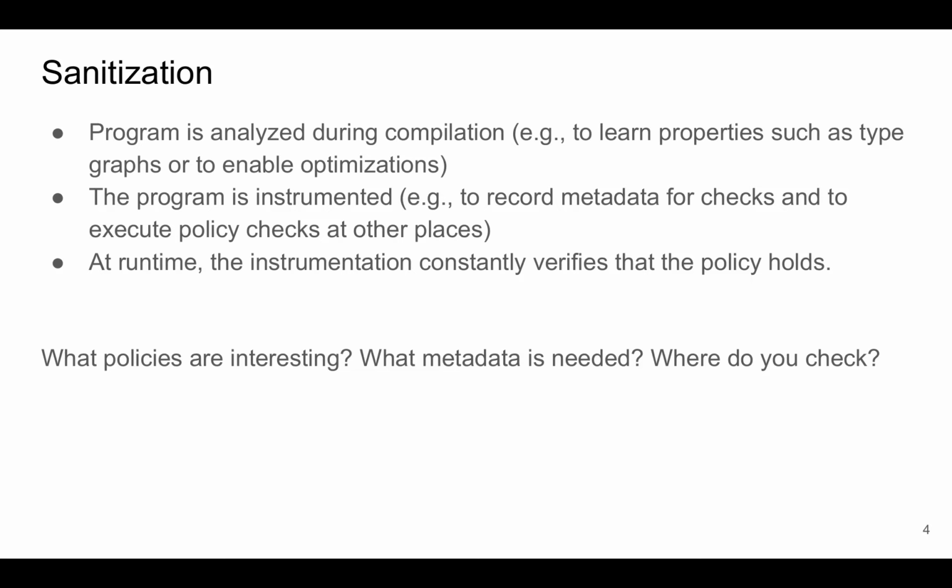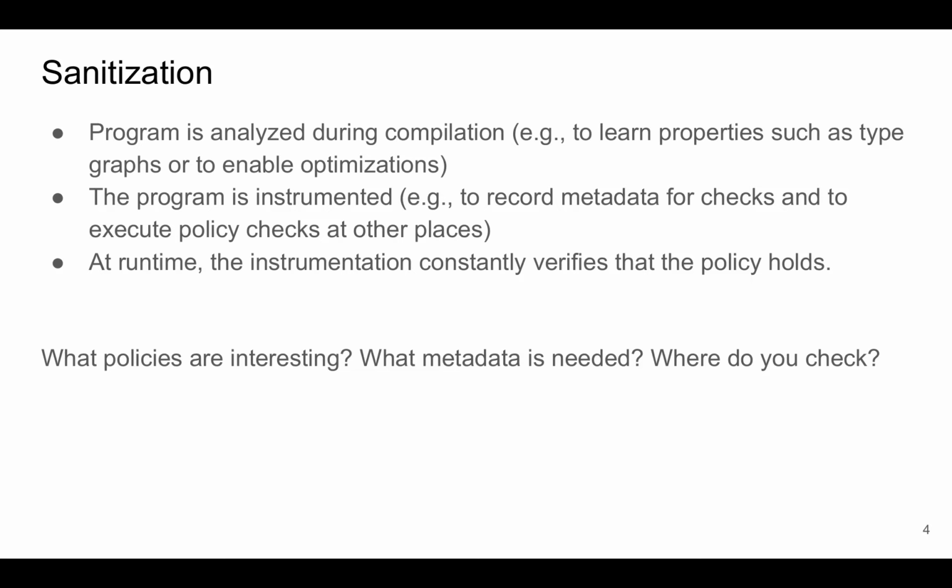For race detector, it would record which thread has last read or written a certain variable, what locks are being held, and so on. For a type sanitizer, the sanitizer would record what type a given object is to make it detectable when it is used as a different type, right? So the program is instrumented, recording metadata for the checks, and then to actually execute the policy checks on top of it.